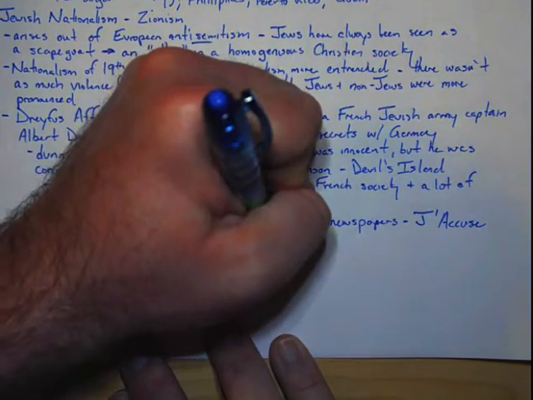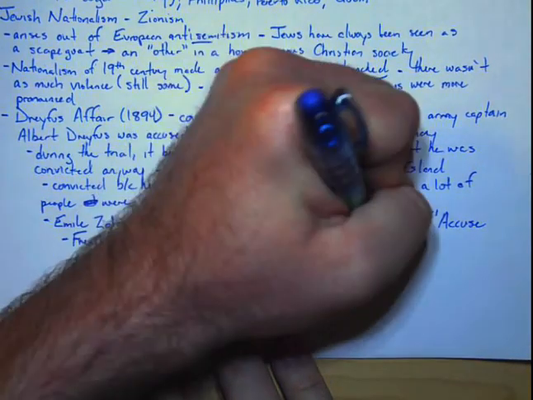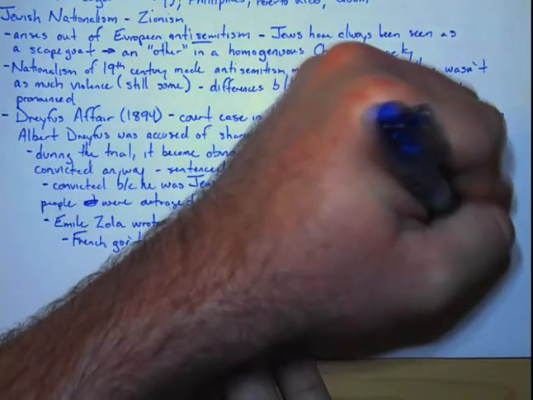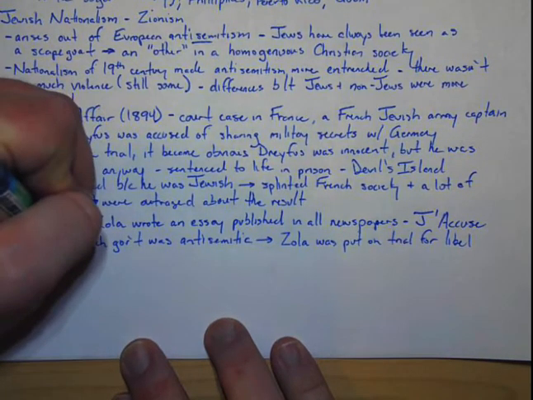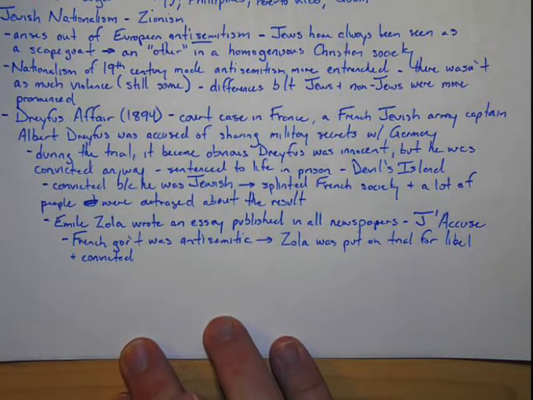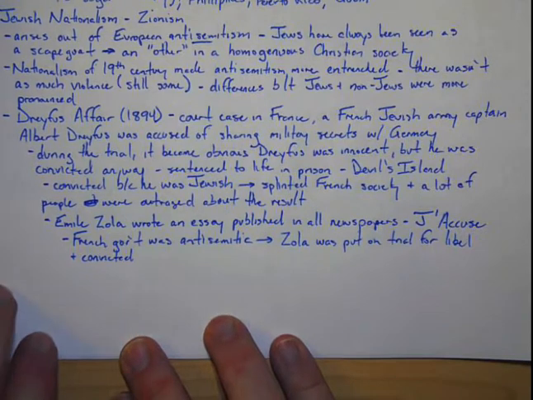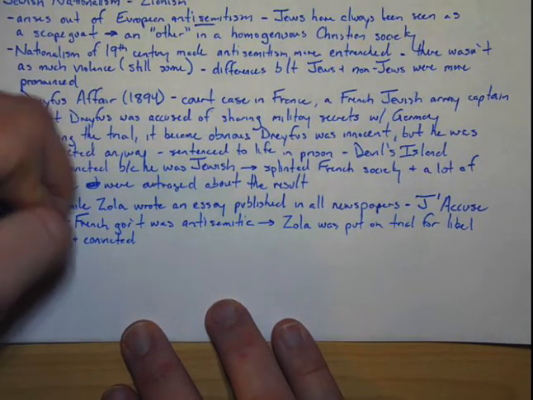Zola was actually put on trial for libel because he didn't really have any proof of this. And he was convicted. But Zola was successful in getting Dreyfus a new trial.